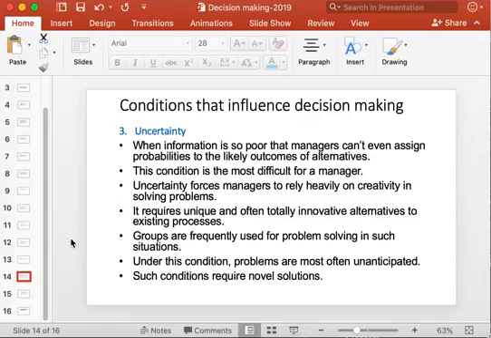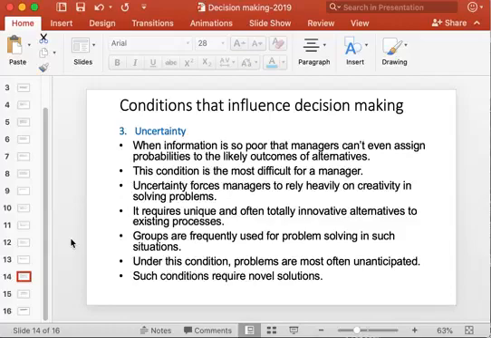So in this case, the information is so poor that managers cannot even assign probabilities to the likelihood of the outcomes of alternatives. So this condition is the most difficult condition for a manager to make decisions.